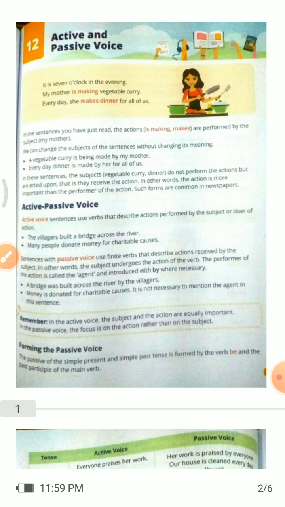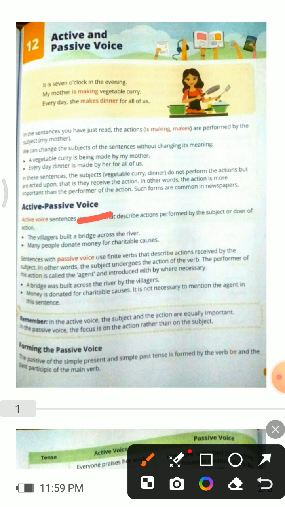Now, let us come to active and passive voice. There is one word here, voice. What does voice mean here? Voice is just a way of speaking. There is a small alteration of subject and object, and it is spoken.